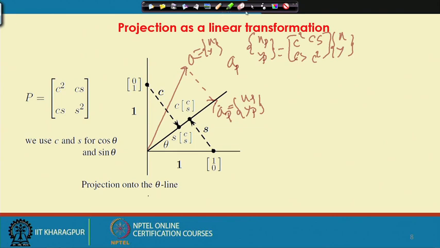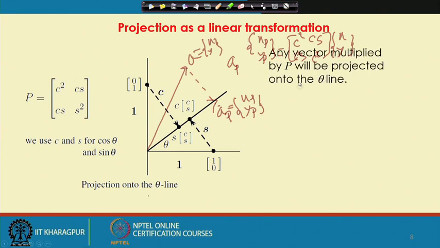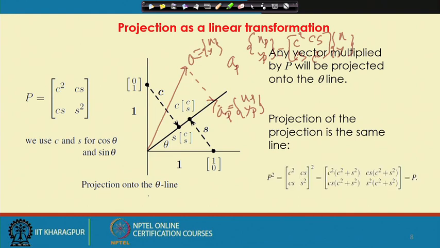So, any vector multiplied by p will be projected onto the theta line. Projection of a projection is the same line. If I again try to project A p onto the theta line, A p is already on the theta line, so it is the same line. So, you can say that p square is the projection of a projection: once it is projected and then it is again projected, so we multiply p and p, and p is a square matrix.